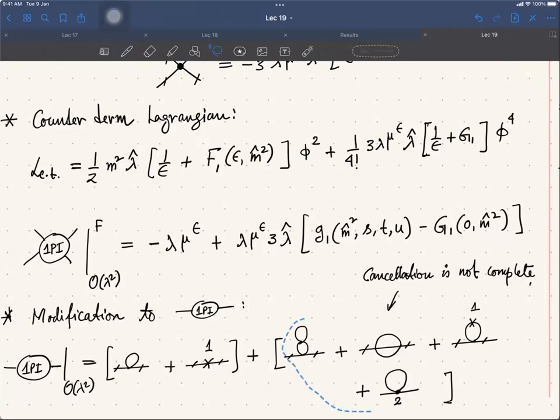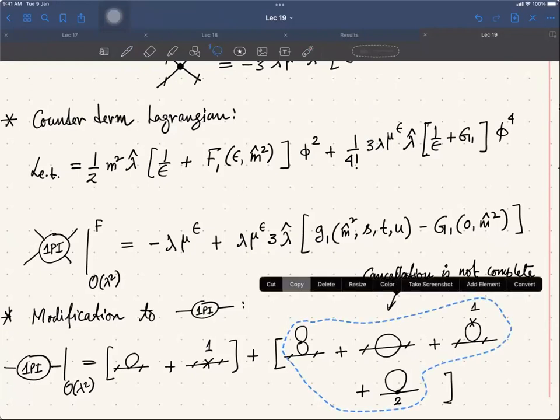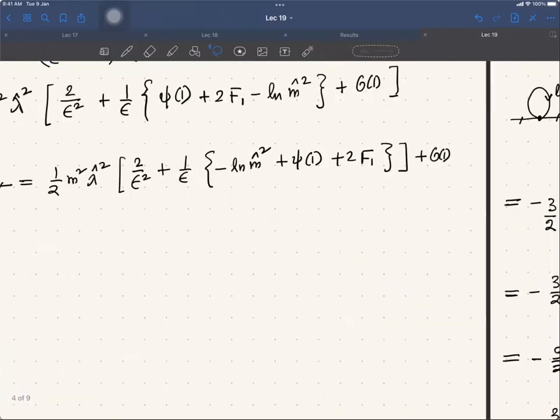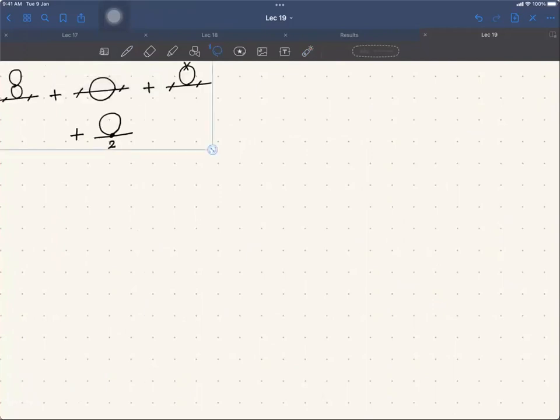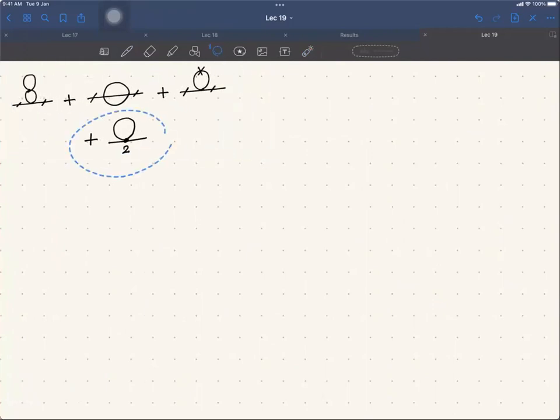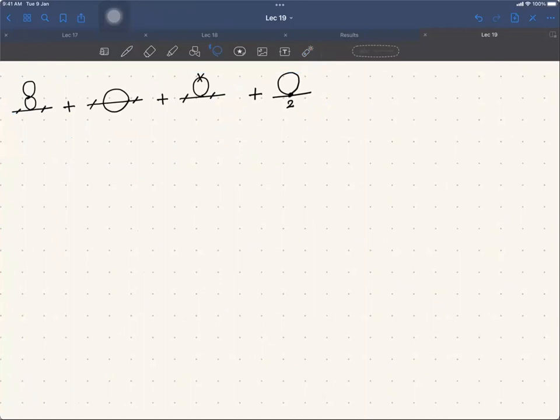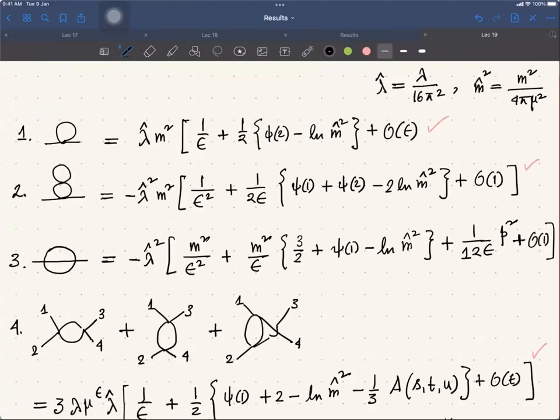So let's do that. And we should use the results for the first 2 diagrams. We should use the results that we already obtained earlier. So let me quote from here. I have written them down.